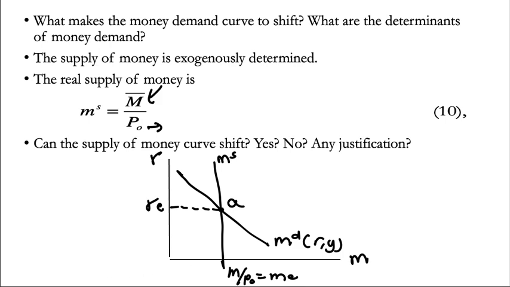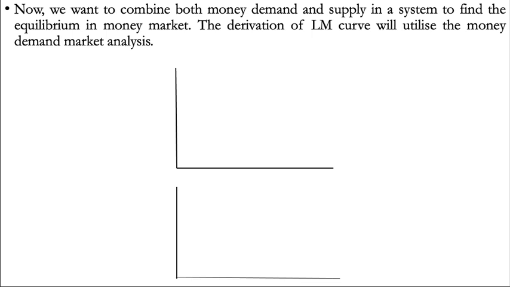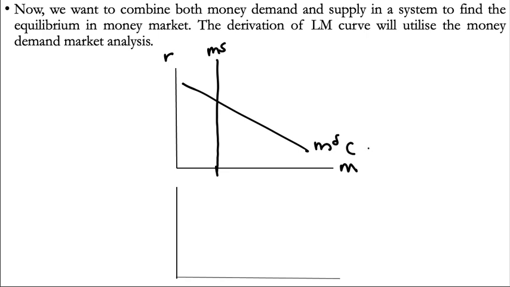So let's move to these two frames of diagram. We combine both money demand and money supply in a system, yeah, to find the equilibrium in the money market. And then after that, we derive the LM curve. So let's say we have the money market here, money supply here, the real one, money demand here, the real one, initial interest rate, initial income, so this is MS1.